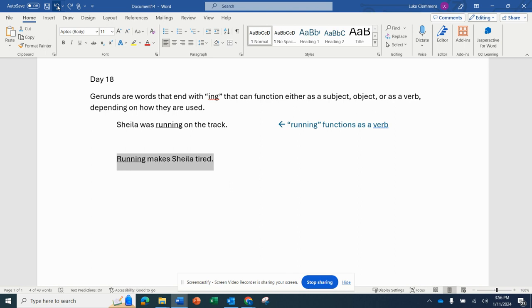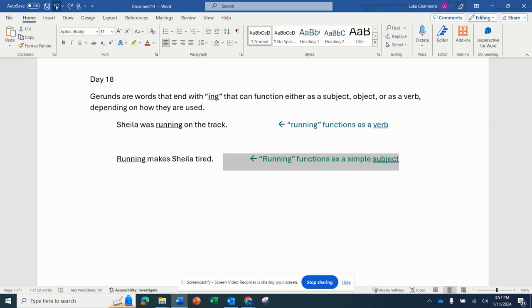We're talking about running as a thing. In fact, the verb of this sentence is makes. So now think about this. If makes is the verb, what is it that makes Sheila tired? Running. So running is now functioning as a subject, a simple subject.